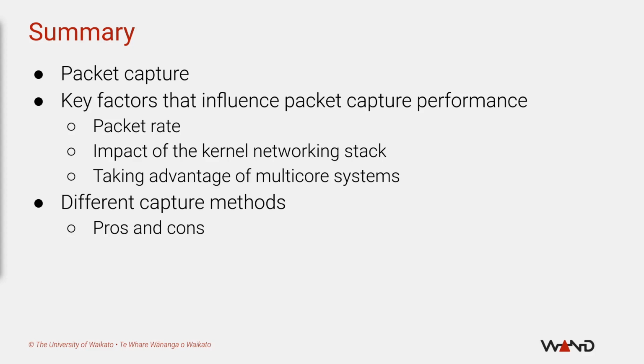With those factors in mind, I've introduced a number of packet capture techniques, ranging from conventional PCAP through to the specialized kernel bypass methods like XDP and DPDK. Hopefully I've given you enough details about the pros and cons of each method to help you decide which technique is best suited to your situation, or at least leave you better informed than you were before you started this lesson.